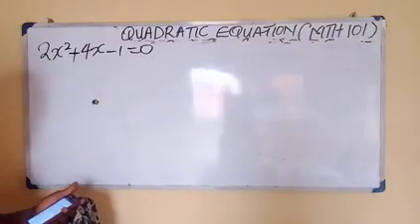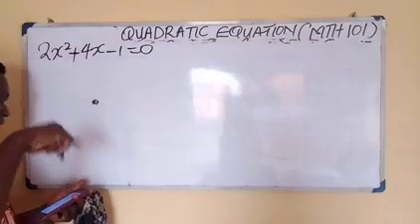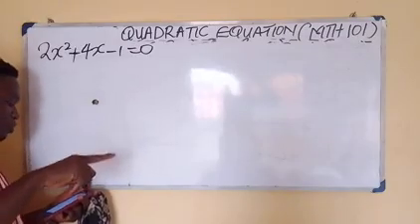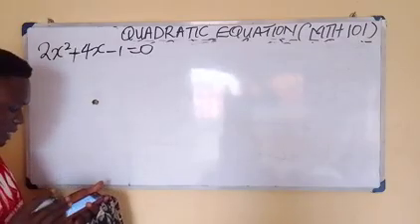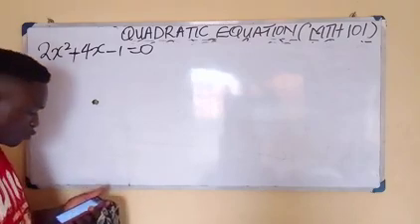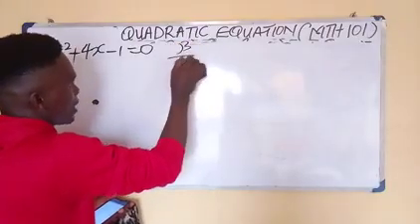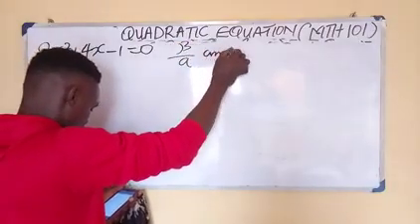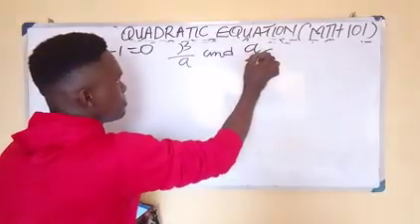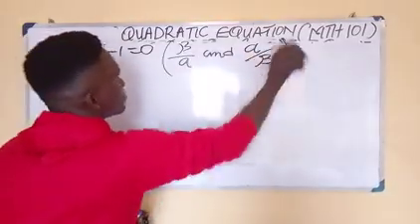Of course, the roots are always alpha and beta. Then they say find a quadratic equation with integer coefficients whose roots are beta over alpha and alpha over beta. Very easy.